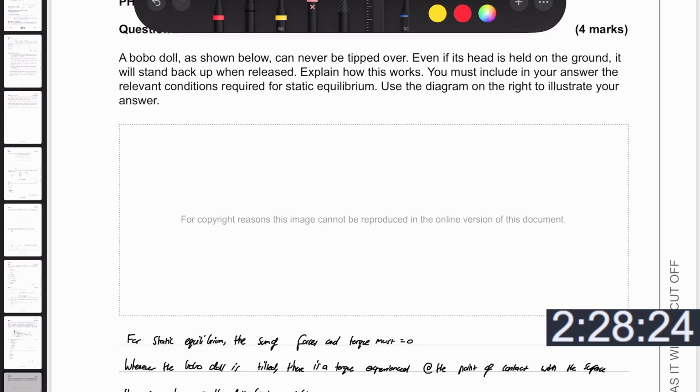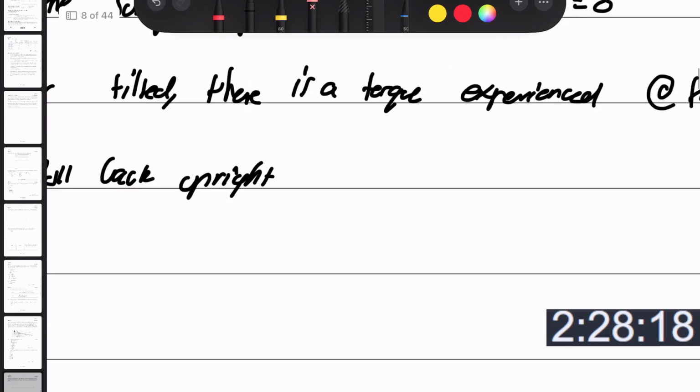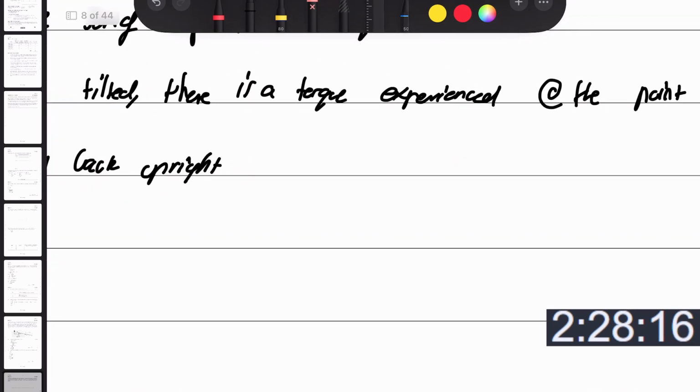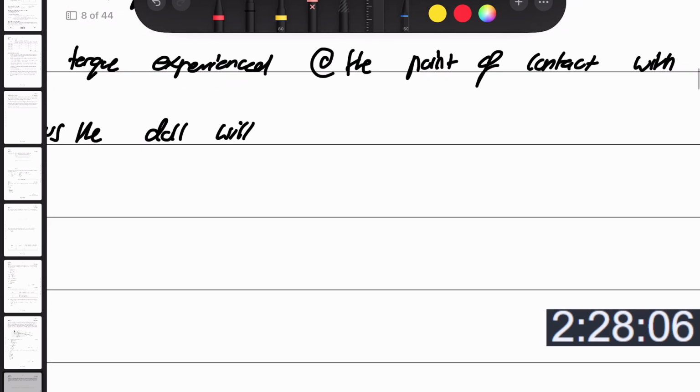Center of mass is above. Then thus as the doll will always rotate in the direction of torque.